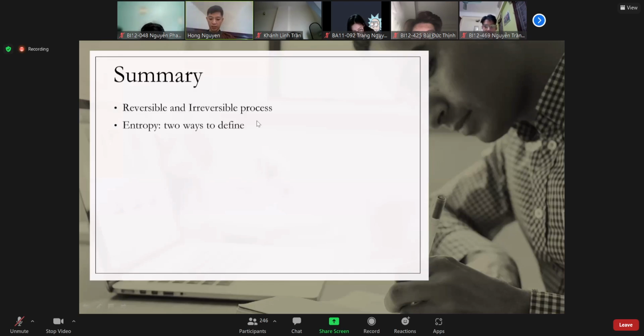By the use of the definition of entropy. And to define entropy, we also have two ways, two approaches. The first way is the microscopic approach. We define the entropy as the number of microstates that a system can take on.